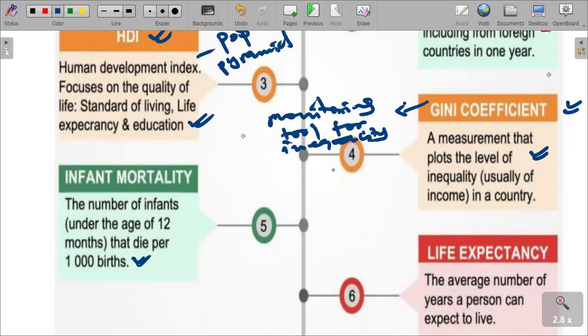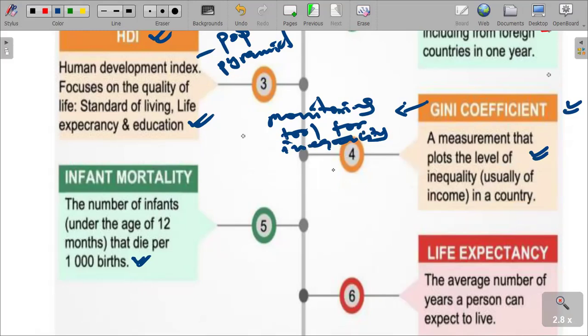This also relates to policy evaluation. How do the government and policymakers use the Gini coefficient to assess the impact of various policies, such as taxation, social welfare programs, and income inequality, and also the government response in terms of how they are adjusting those?